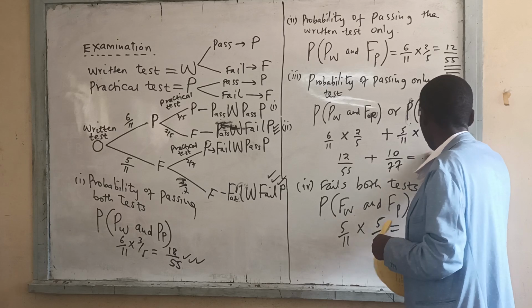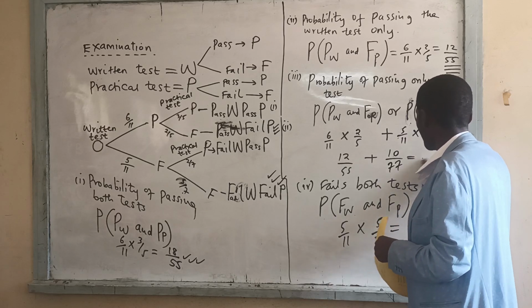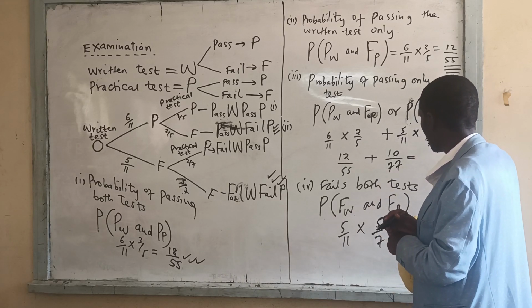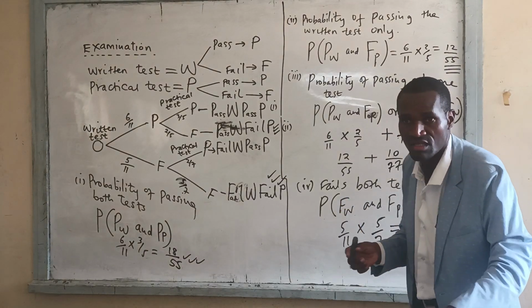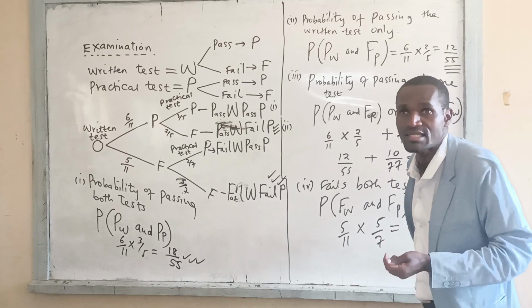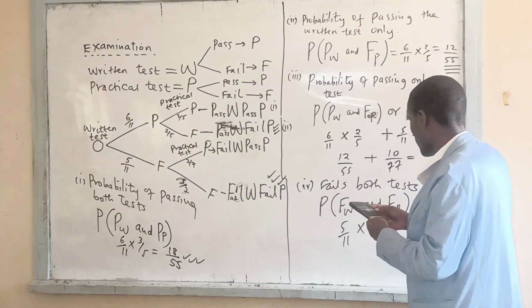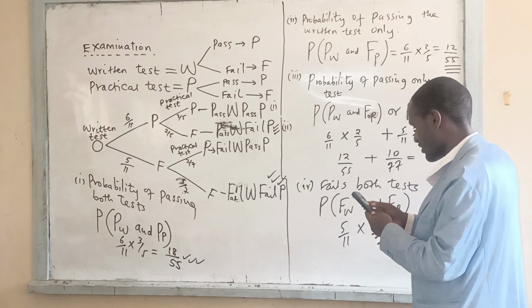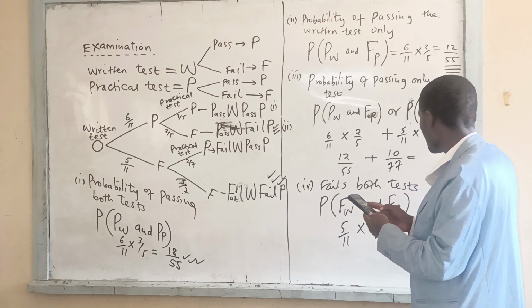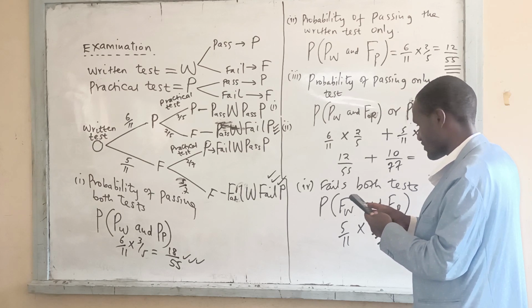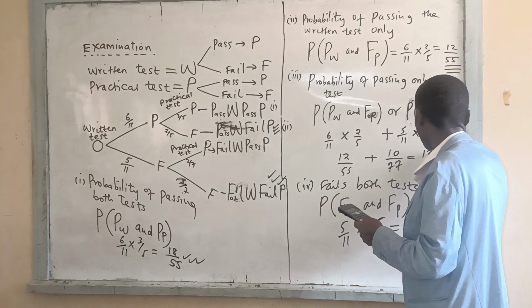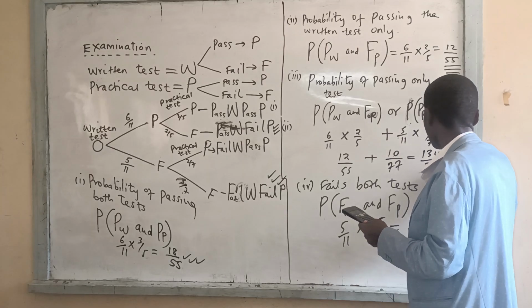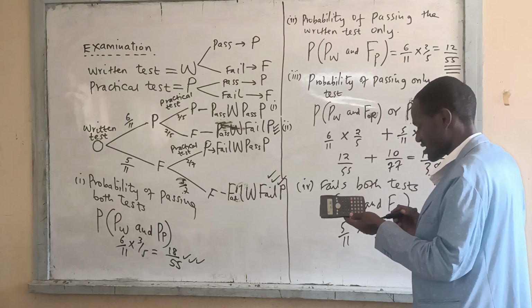Correct? And now this translates into 12 over 55 plus 10 over 77, so that we can get our answer. So we'll have 12 over 55 plus 10 over 77. That gives us 134 over 385. Correct. That becomes our final answer for that question.